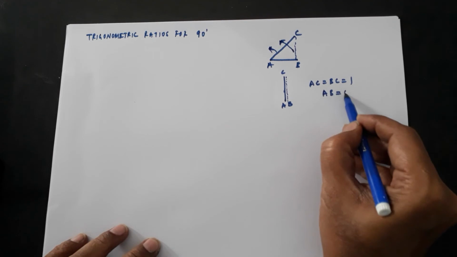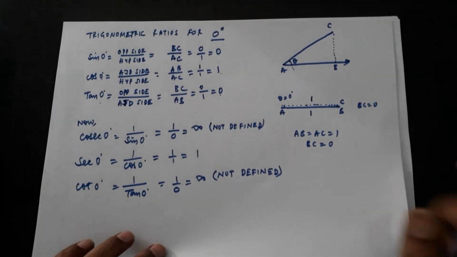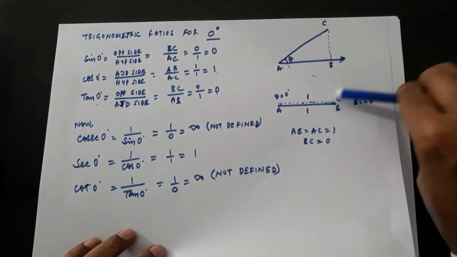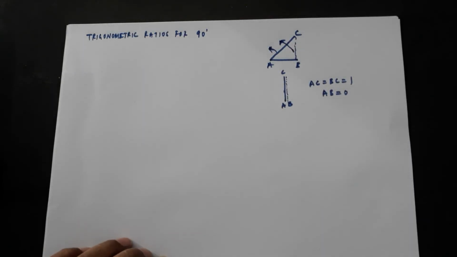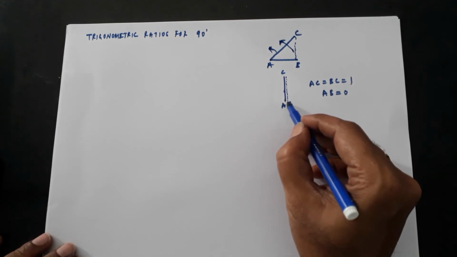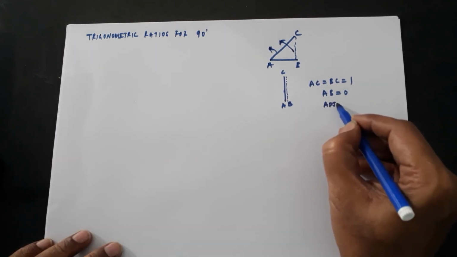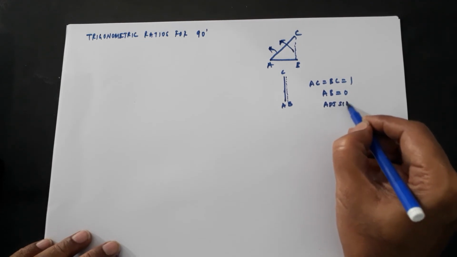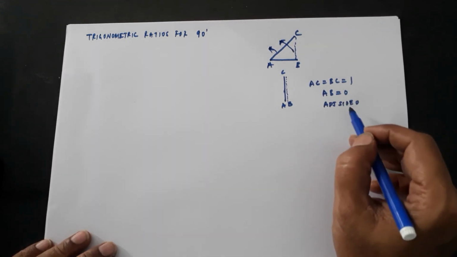In the previous case, for 0 degrees, these two coincided and BC became 0. Here for 90, AB became 0, that means the adjacent side became 0. There it was the opposite side, here it is the adjacent side.